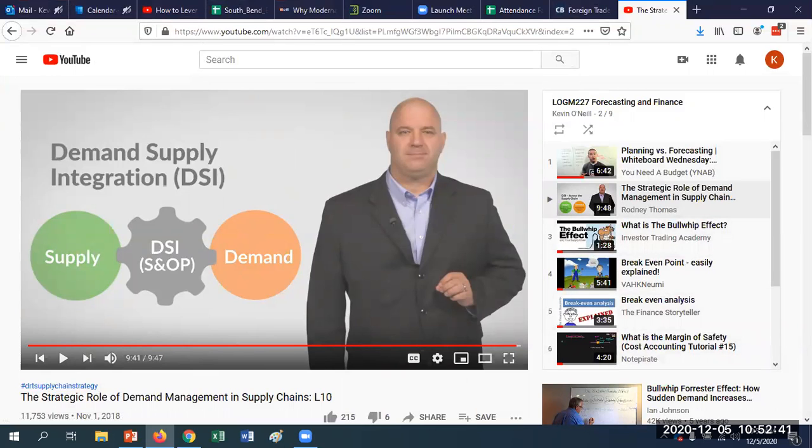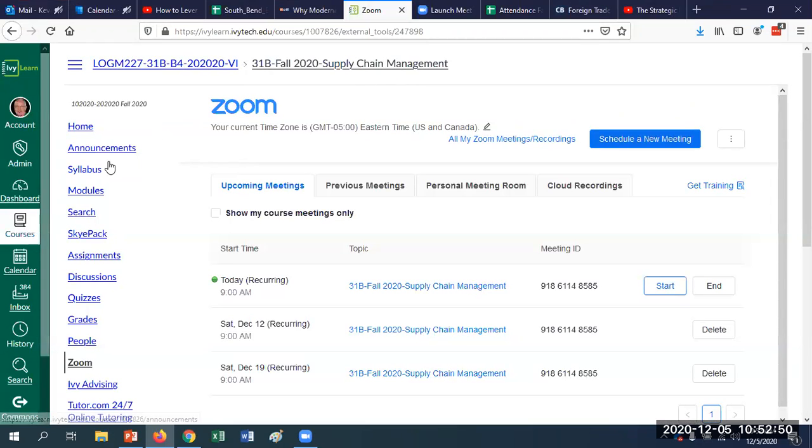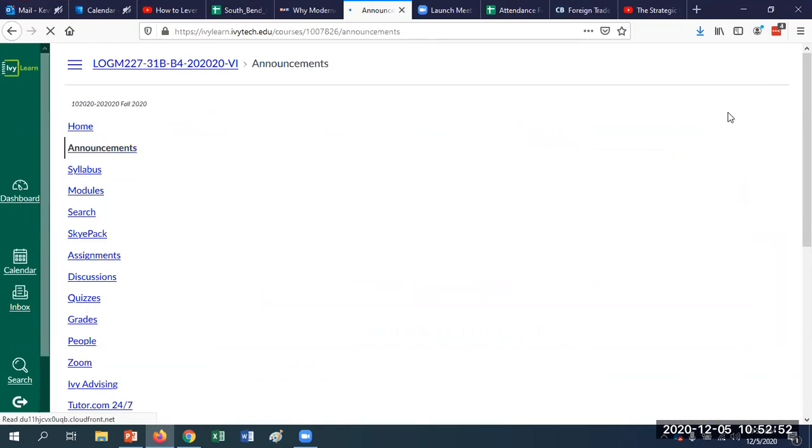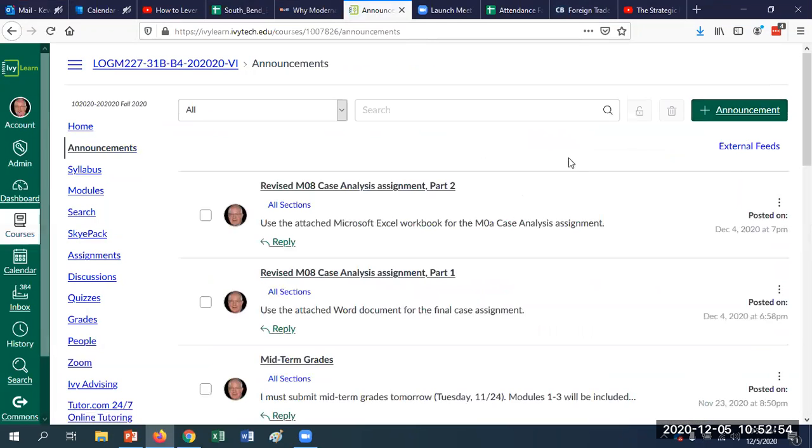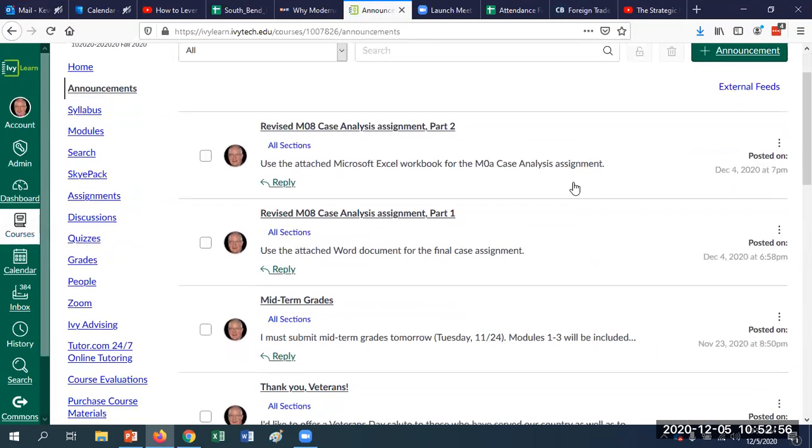I have to let the controls go away, and I want to go into Ivy Learn, and I'm going to take you to announcements because I mentioned this when we did housekeeping, that we needed to replace the case write-up and the Excel workbook.